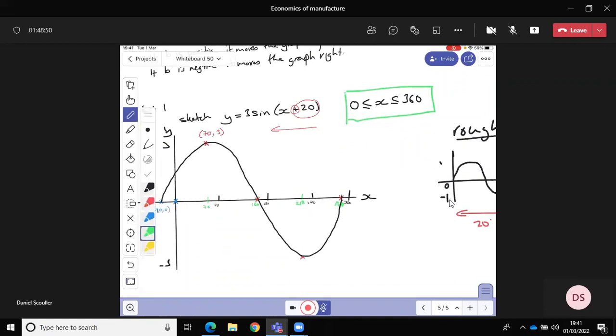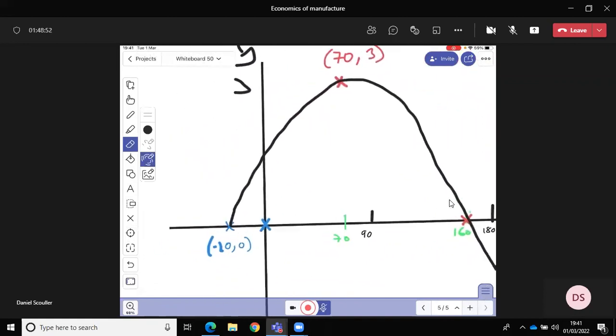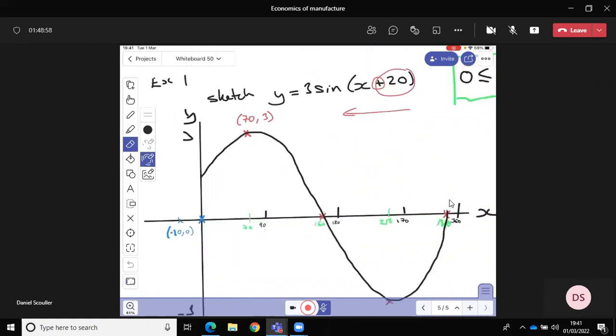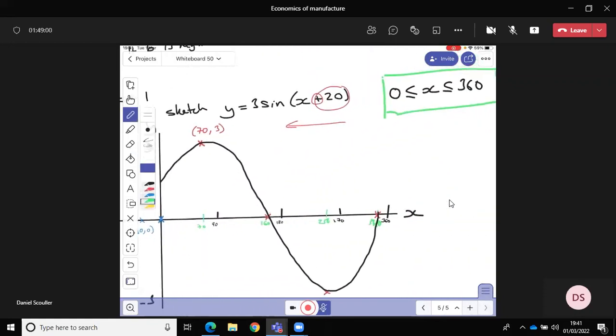So this bit here isn't actually needed. And then at the end, you're actually wanting to extend it, so it's hitting that 360. That looks a wee bit odd there, it doesn't look the best.